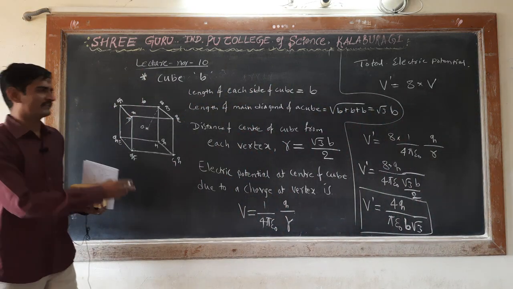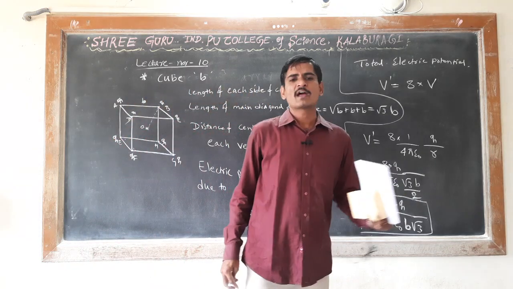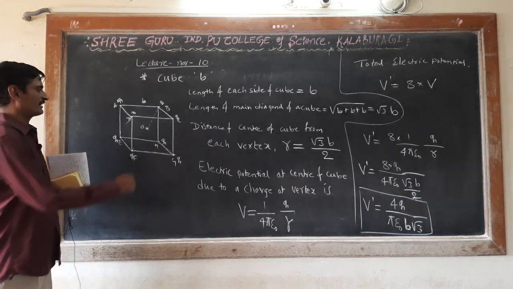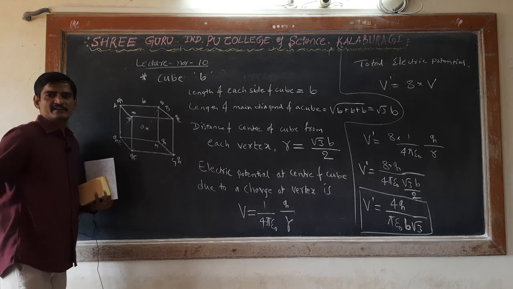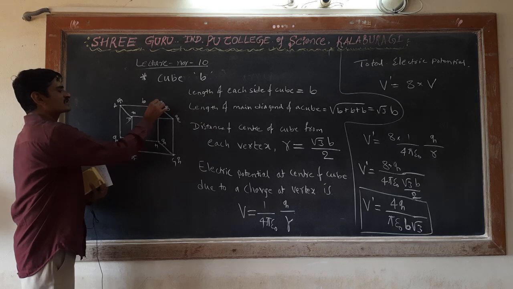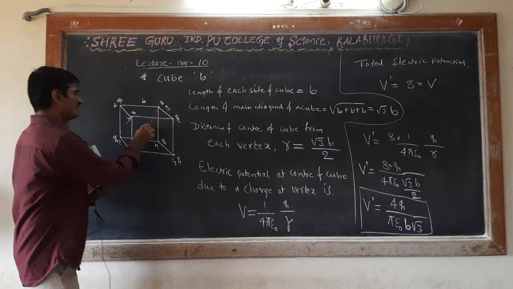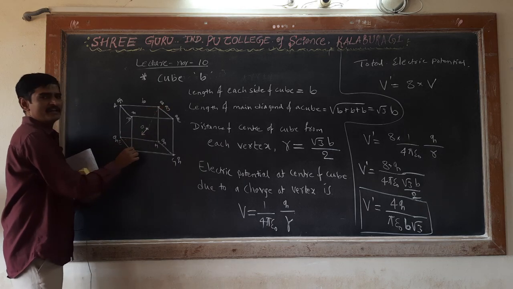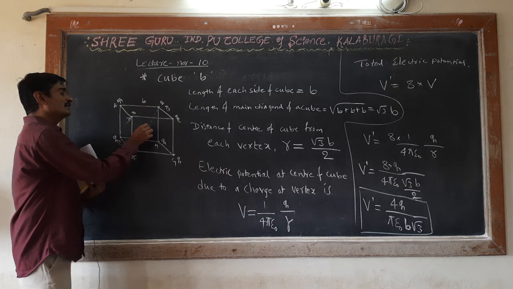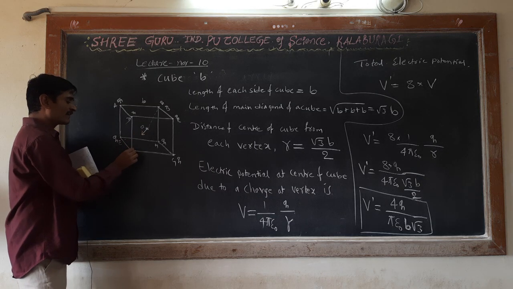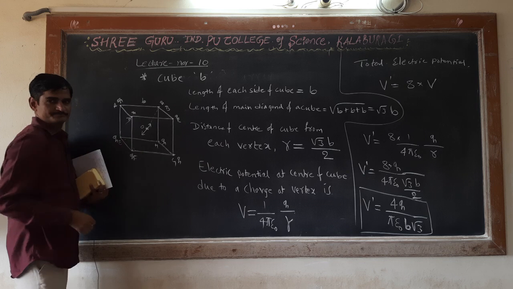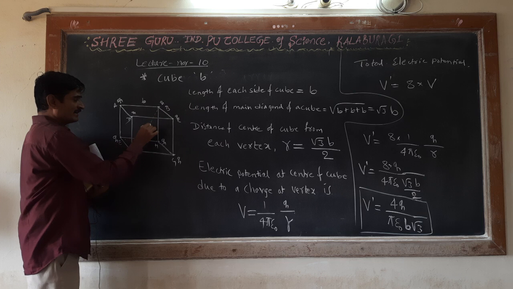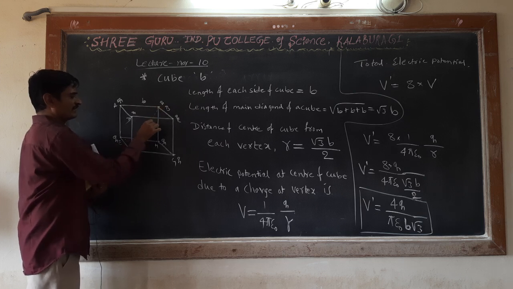Okay, this is the electric potential, and now we have to find the electric field intensity. The electric field intensity at the center due to a charge at one vertex is balanced by the electric field intensity due to another charge at the opposite vertex.